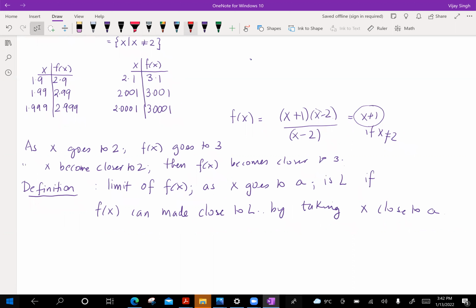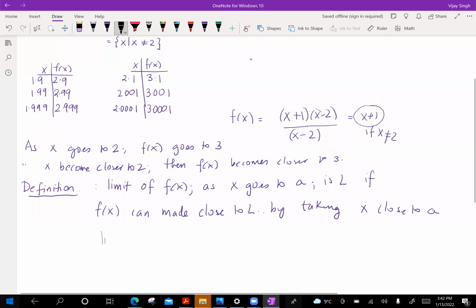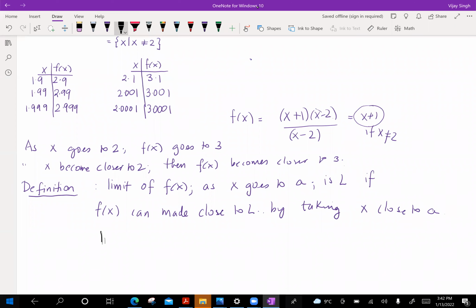And if I want to write it in notation, I would write limit of f of x as x goes to A equals L. All right.